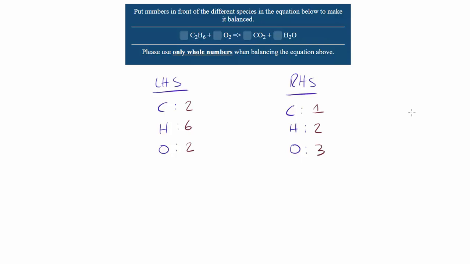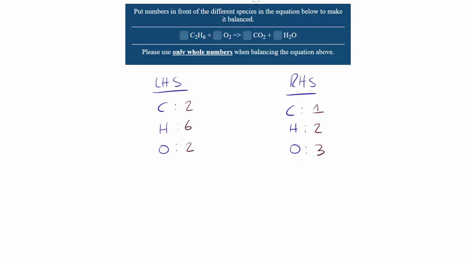What I'm actually going to do is focus first on the carbon. I'm going to focus first on trying to get the number of carbons on the right hand side to be the same as the number of carbons on the left hand side. So how can we do that?